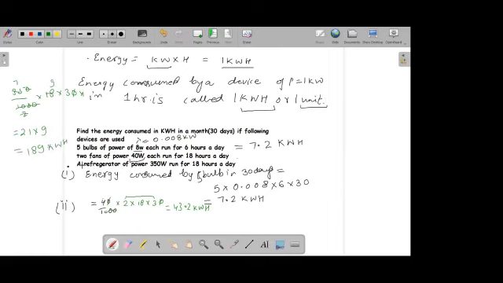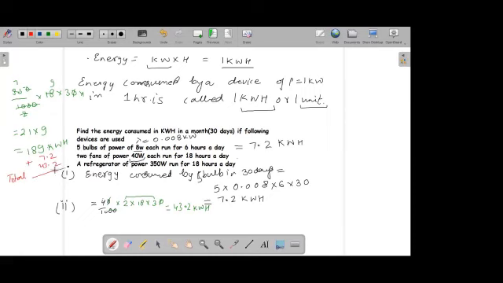Okay. So we have computed the energy consumed by each device. Now, what will be the total energy consumed then? Total energy should be 189 plus 7.2 plus 43.2. Okay.